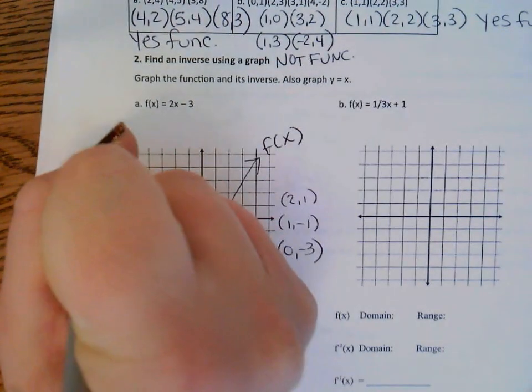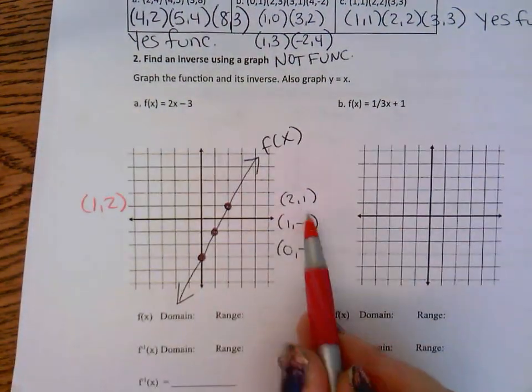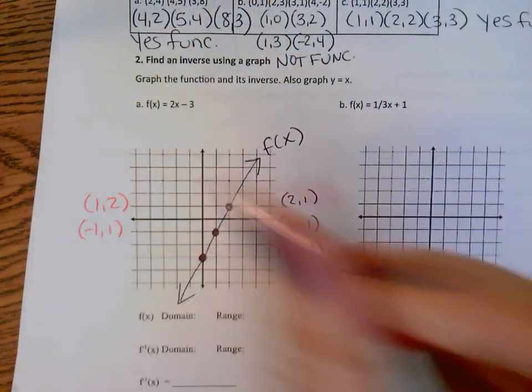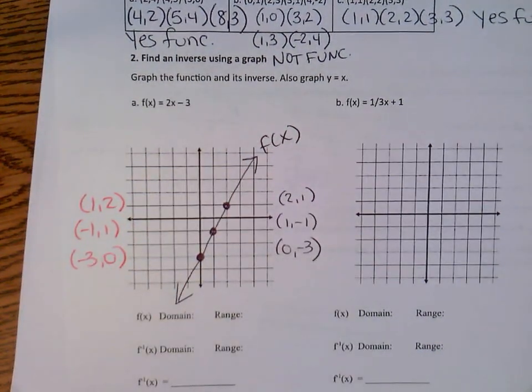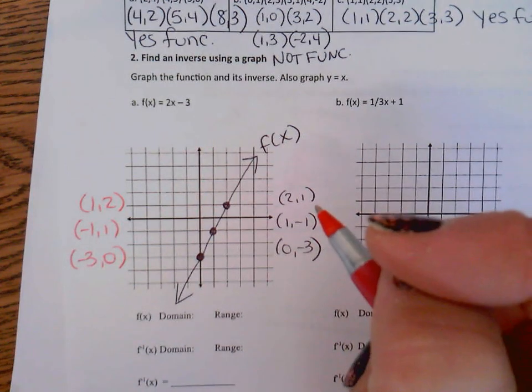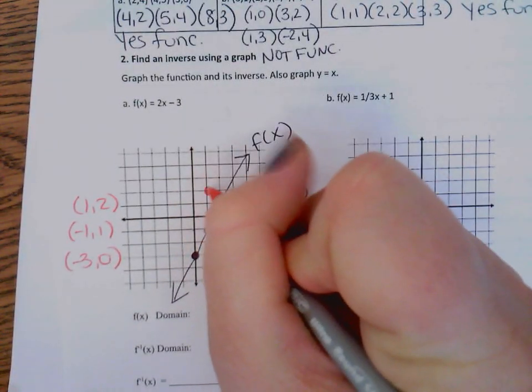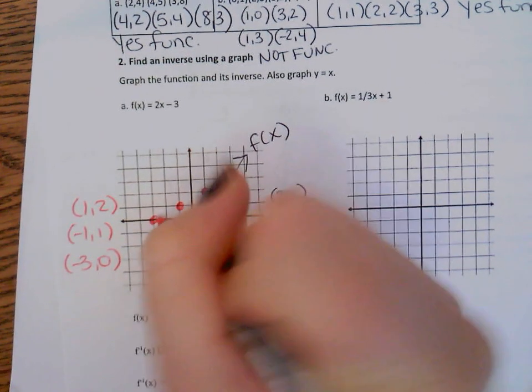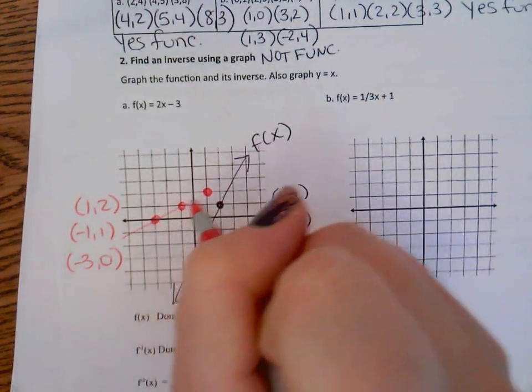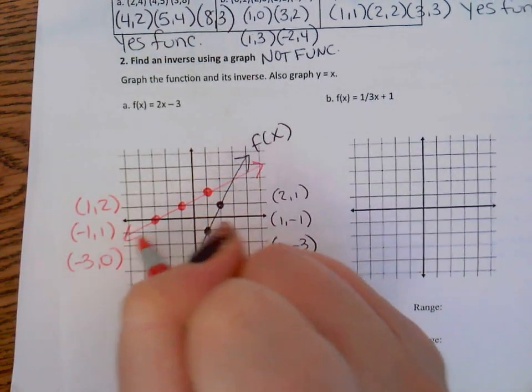So I'm going to graph 1, 2, negative 1, 1, and negative 3, 0 in red. And this is going to be my inverse function. I want you to kind of observe how these two graphs are related.